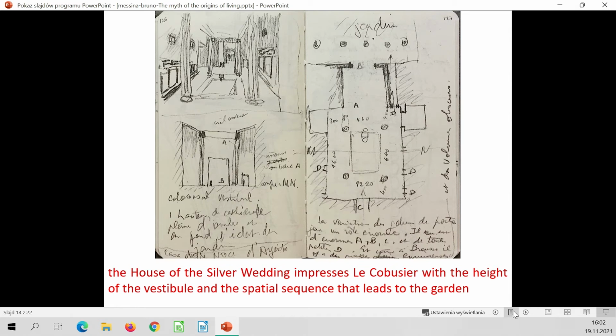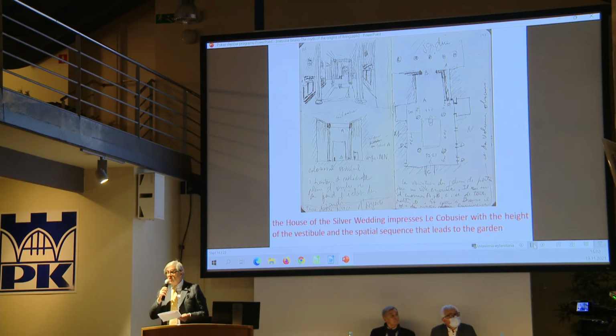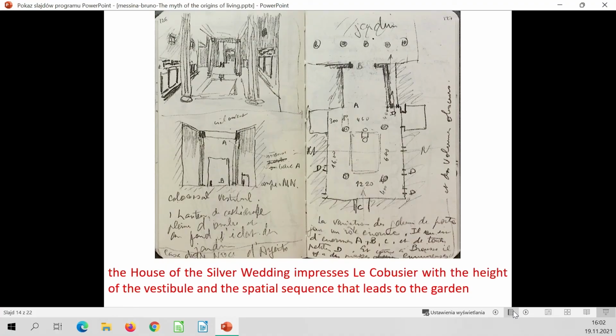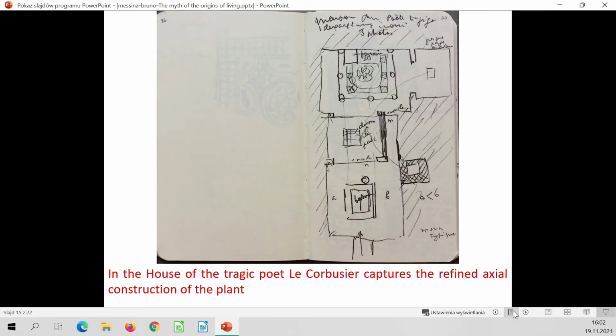Two domus in particular attracted his attention. The House of the Silver Wedding, which impresses him with the height of the vestibule and the spatial sequence that leads to the garden, and the House of the Tragic Poet, of which he grasped the refined axial construction of the plan.